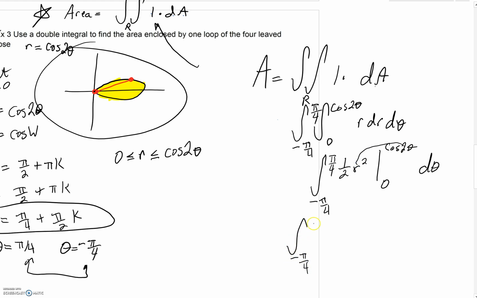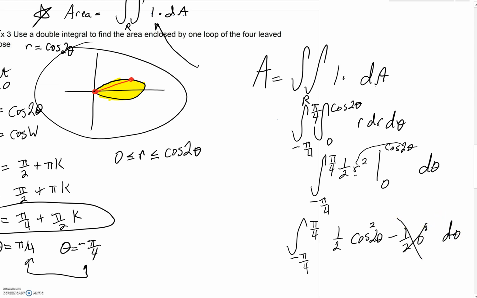Well, you'll get that squared, of course. So we'll have our 1/2, we can leave that out in front, and we'll have the cosine squared of 2 theta. Obviously, when we plug in a 0, that minus is going to go away.